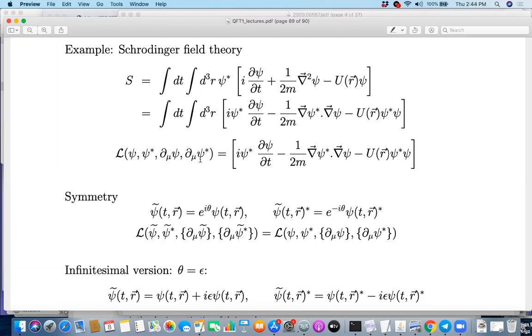In the following, I'll proceed by taking psi and psi star as independent fields. But as we have discussed several times, if you are doubtful, you can always write psi as psi real plus i times psi imaginary, split into real and imaginary parts, and think of the real and imaginary parts as independent fields. The final results will not change. I'll think of psi and psi star as independent fields.